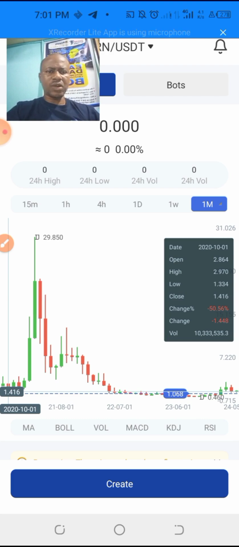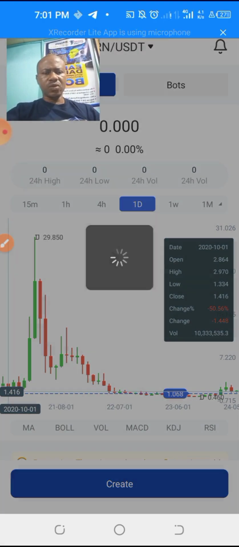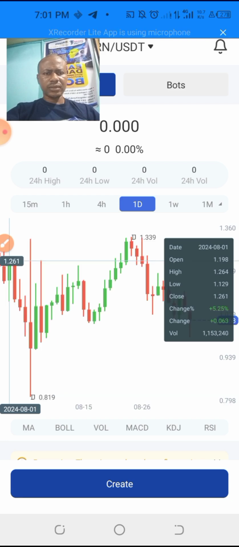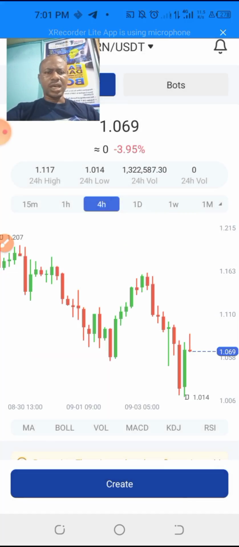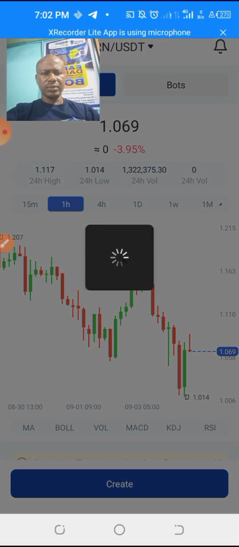It's 2020, over 4 years coin. Then on the 1 day chart, it's on a downward trend. But I'm okay. Then on 4 hours, it's on a downward trend, but it's already forming a red candle again. So let me check the 1 hour.